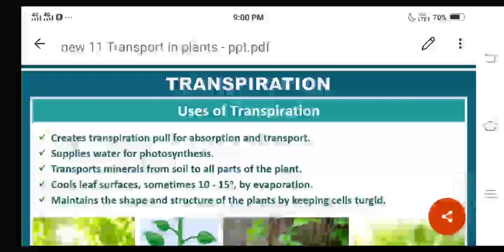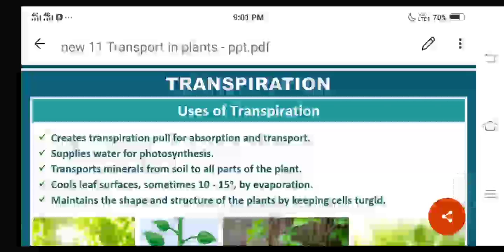Then the other uses or advantages of transpiration. What are the other advantages here? It creates a transpiration pull for absorption and transport, supplies water for photosynthesis, and even transports minerals from soil to all parts of the plant.